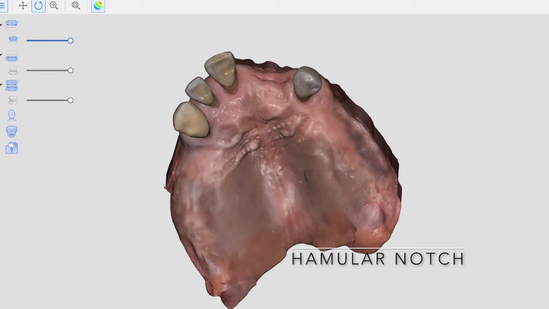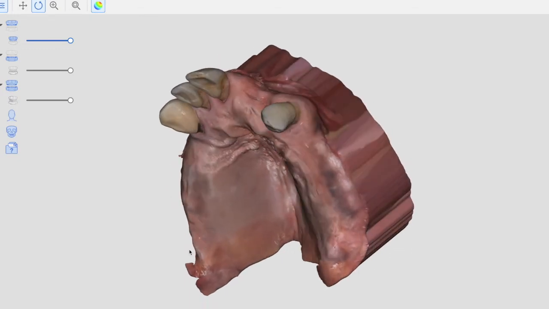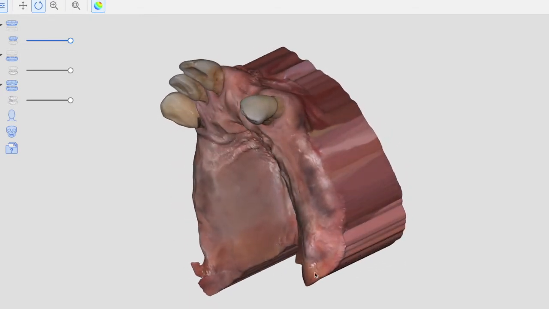It's between the tuberosity of the maxilla and the hamulus of the medial pterygoid plate, and it's forming right behind the tuberosity, and you could go around it, and this is the area.